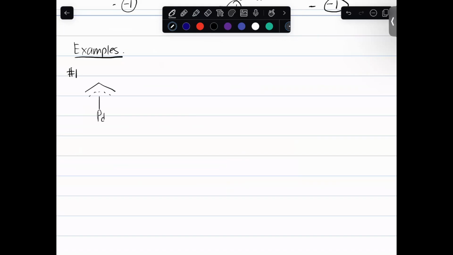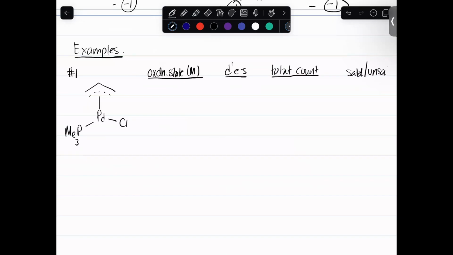And so, of course, you need your periodic table, and I'll always provide that for you on an exam. We'll talk about the oxidation state of the metal, number of d electrons, the total count, and is it saturated or unsaturated? Okay, exactly like we did for lecture number 6.